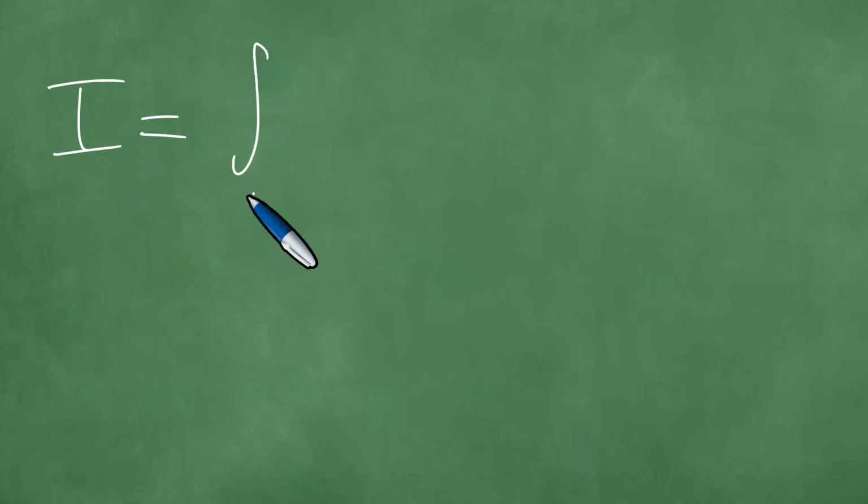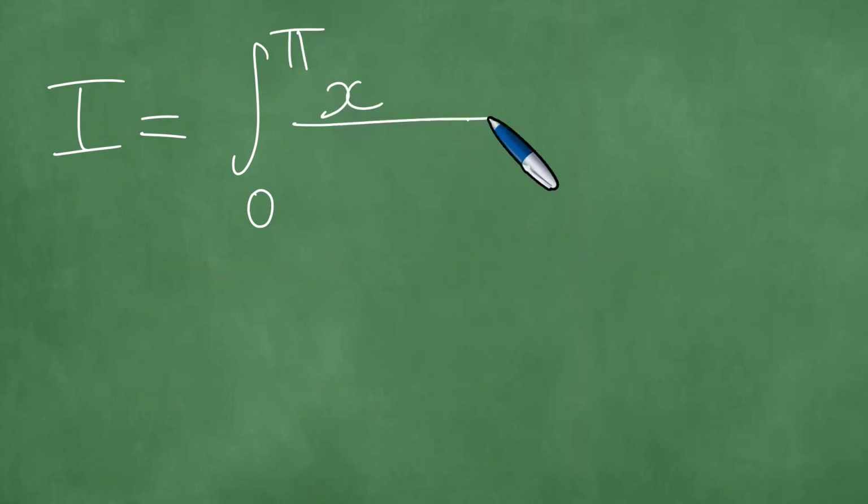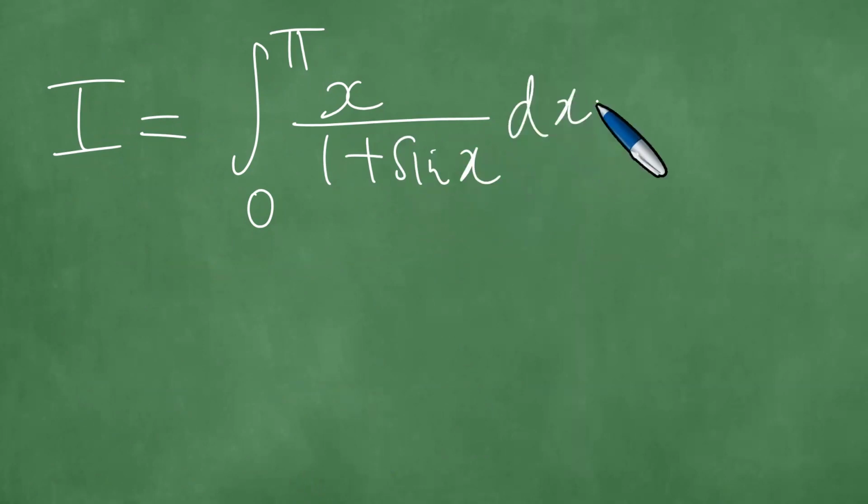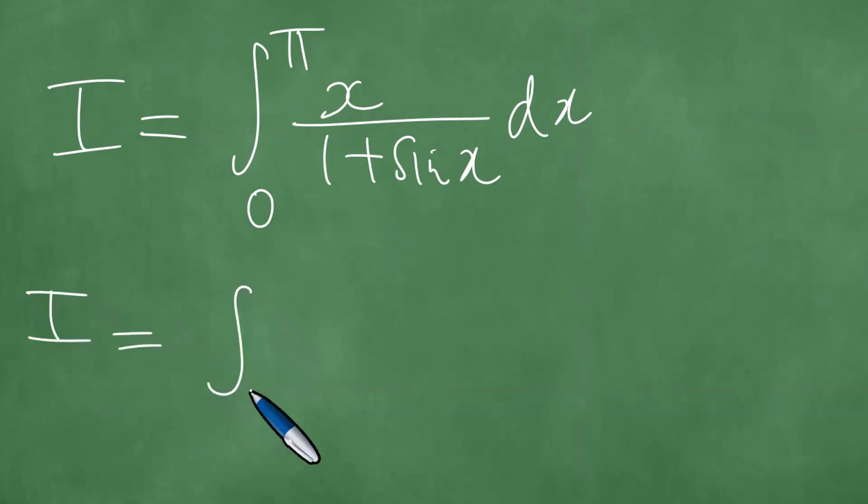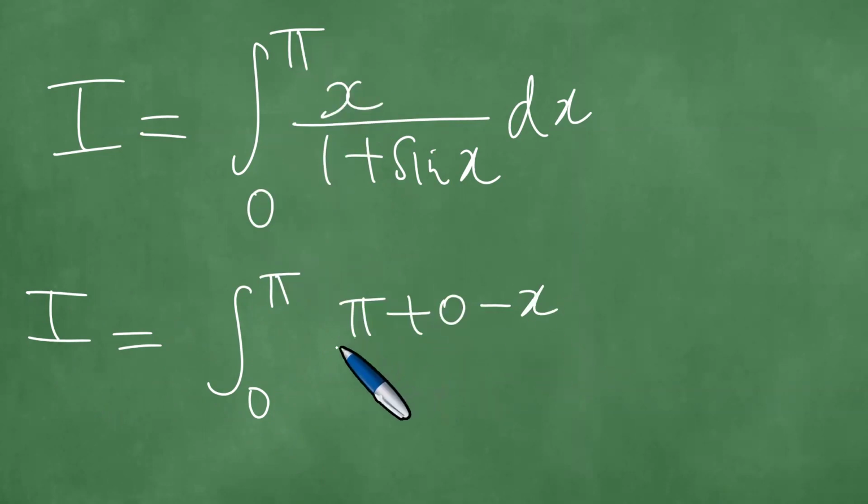And therefore we have the following: I becomes the integral from 0 to pi of x over 1 plus sine x dx. We proceed to use that property: wherever there is x, we add the two limits of integration, pi and 0, and subtract x.